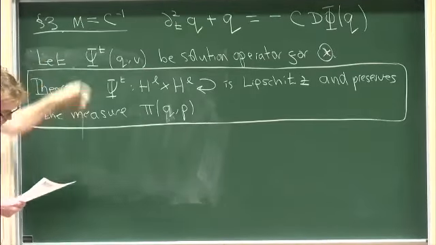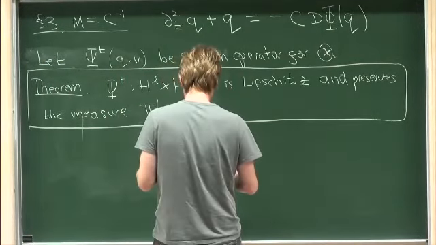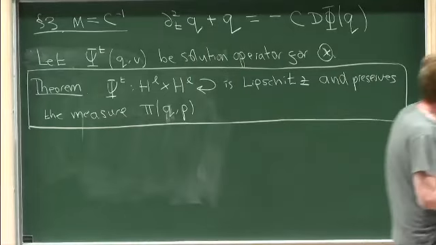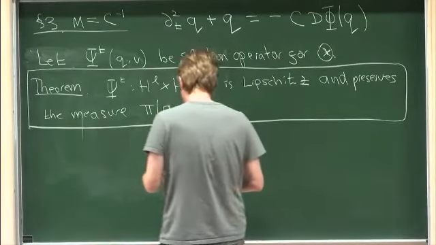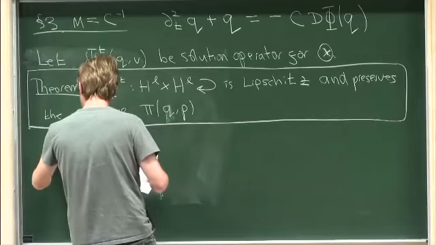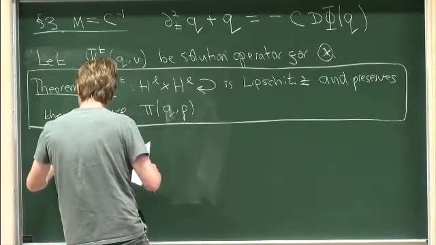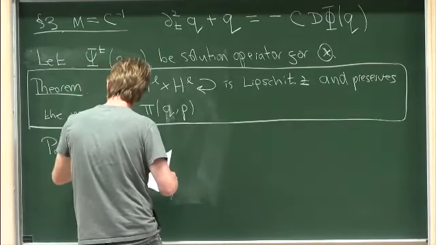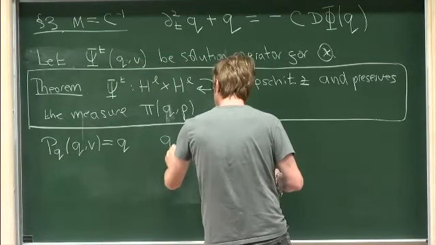Okay, so now to what Chris Jones just asked me about. Let's make a bit more precise this preserving of the measure pi. I'm going to let P_q of (q, v) be projection onto the q coordinate, and then I write down the Markov chain.